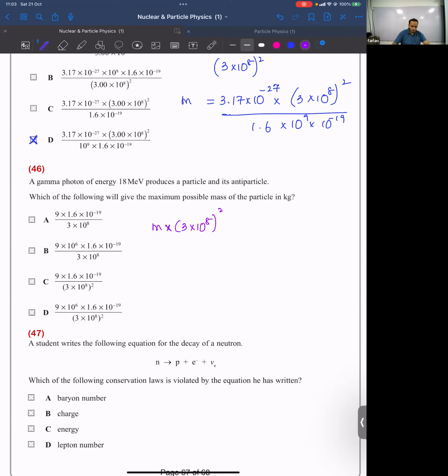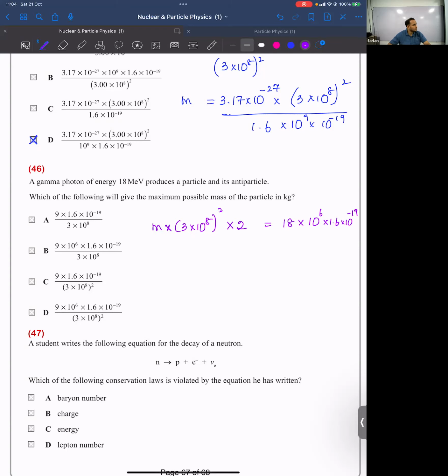That is the particle and the antiparticle, so I'll multiply that by 2. This is the total energy equivalent to their masses, which is supposed to be equal to 18 mega electron volts, which is 18 into 10 to the power 6 into 1.6 into 10 to the power minus 19.